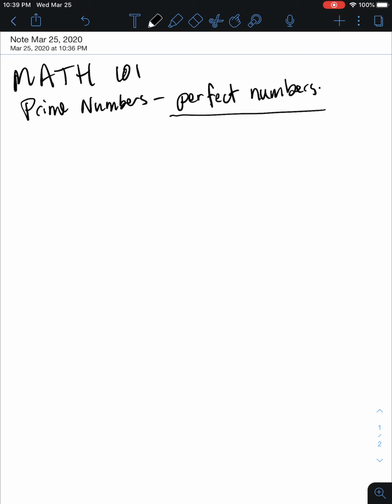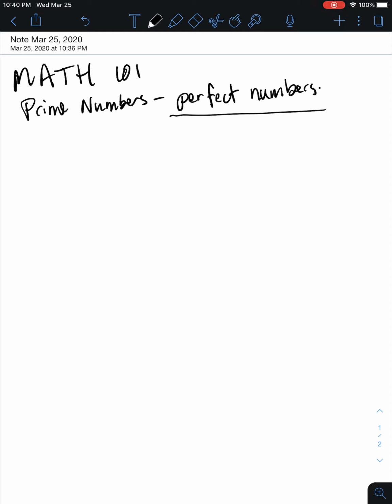And it's believed that this topic probably comes from the Egyptians and is related to the Egyptian way of writing fractions. And that makes it one of the oldest unsolved problems in mathematics. So just for that reason, the study of perfect numbers can be kind of interesting.